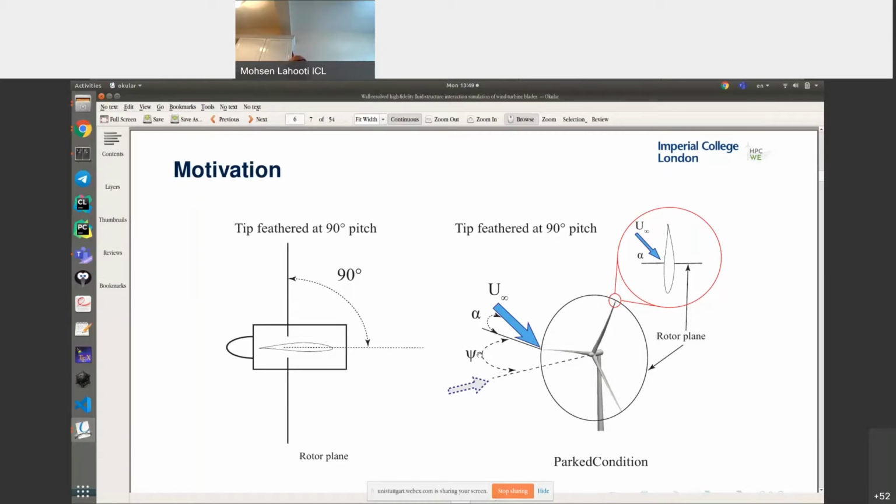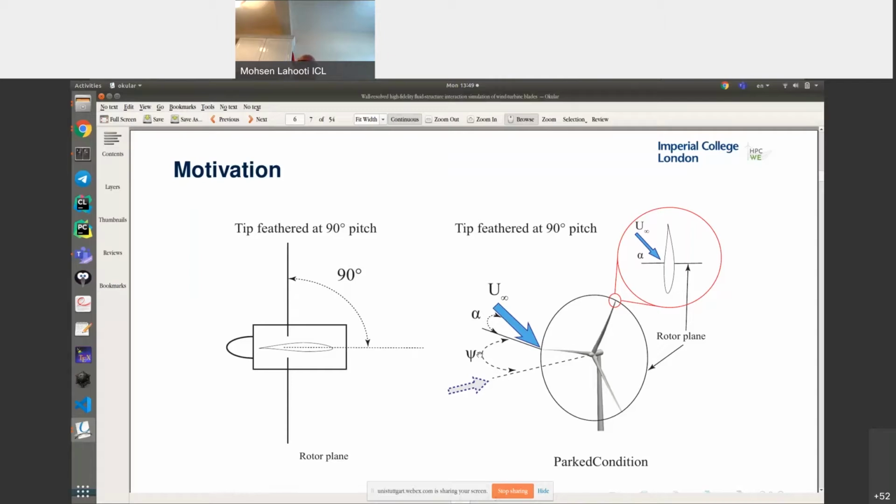It will cause a huge angle of attack that the blade sections experience. In this condition, the turbine is susceptible to developing stall-induced and, more commonly, vortex-induced vibration, which can result in fatigue loading and dangerous edgewise vibration of the blade. And that's the focus of my work.